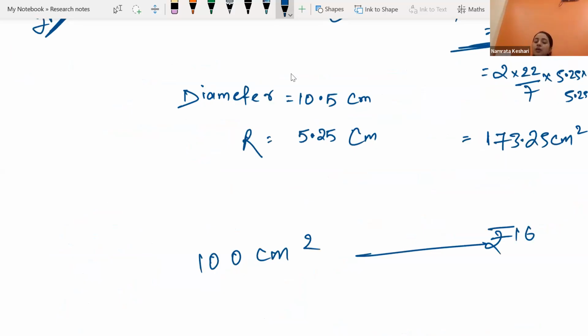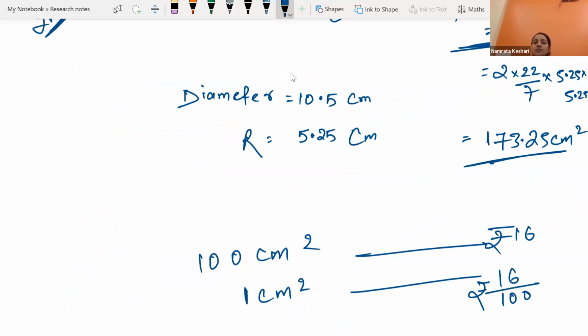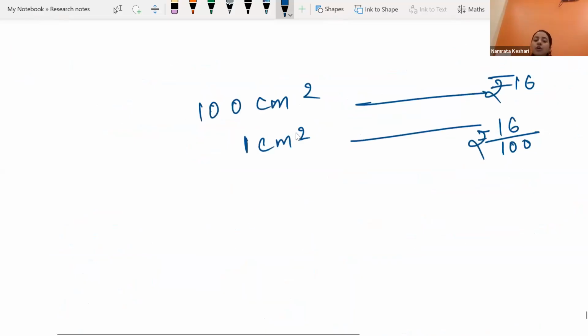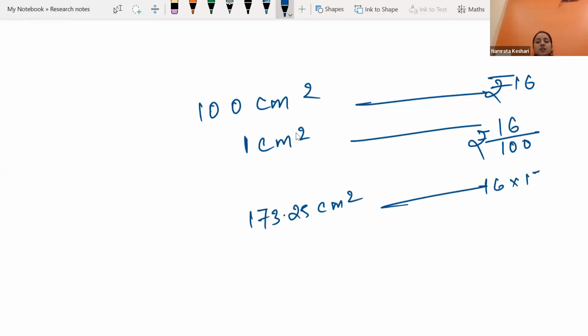We need to find the cost for 1 centimeter square first, that is 16 by 100. Then we'll find it for 173.25 centimeter square. So the cost will be 16 into 173.25 over 100. That is the total amount. Got it?